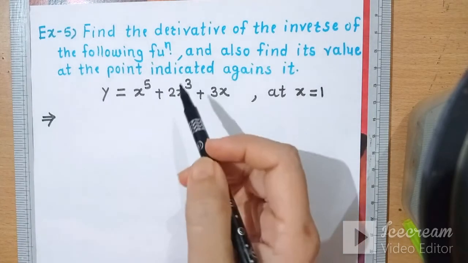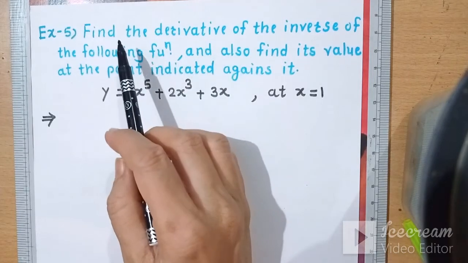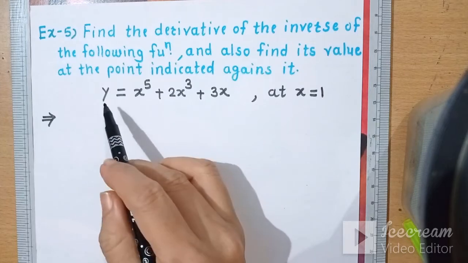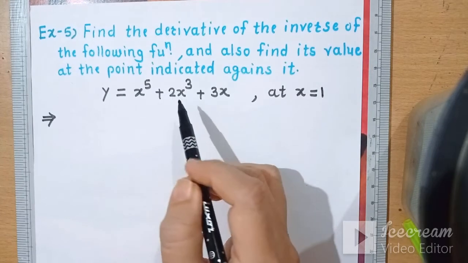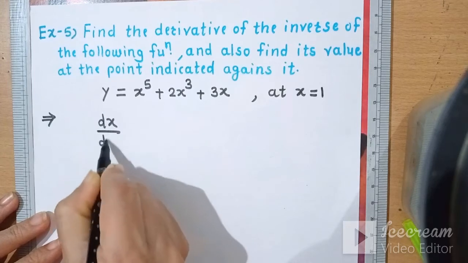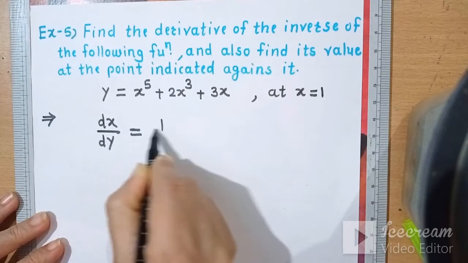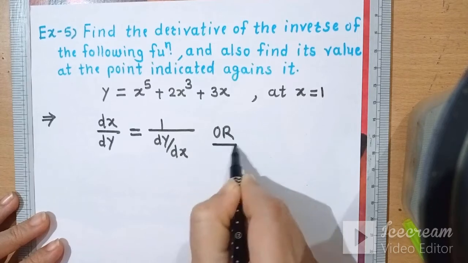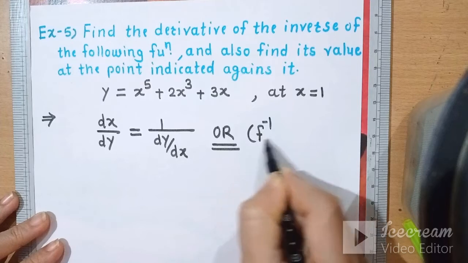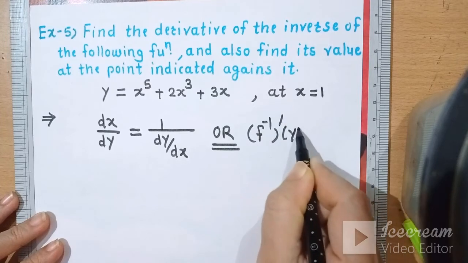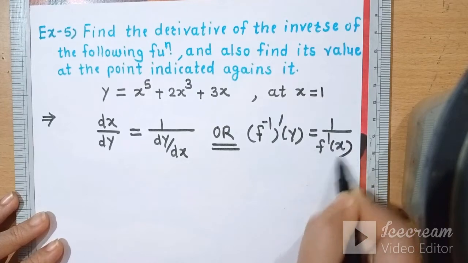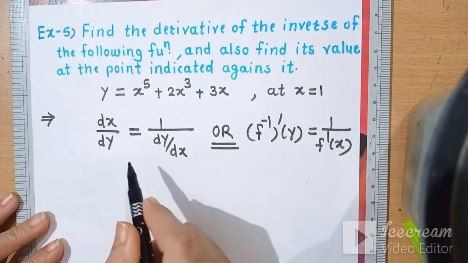Now let's solve this example, and the question is to find the derivative of the inverse function, and the function is this. So again inverse function means we have to find dx by dy by using this formula 1. Again we can use another formula, dx by dy means f inverse dash of y is equal to 1 upon f dash of x, but we will use this formula.